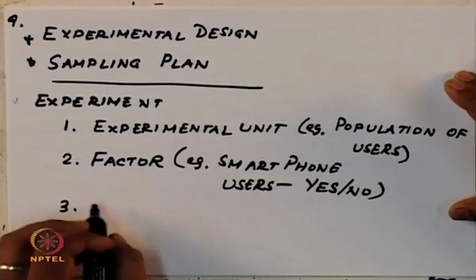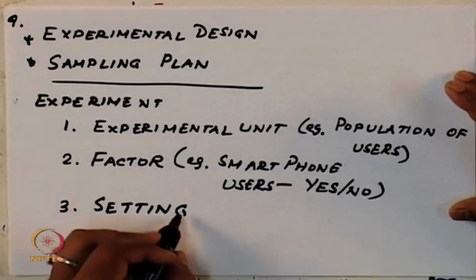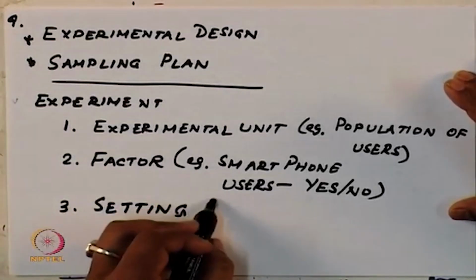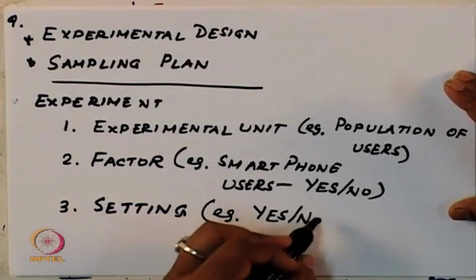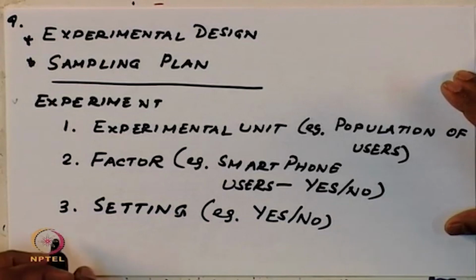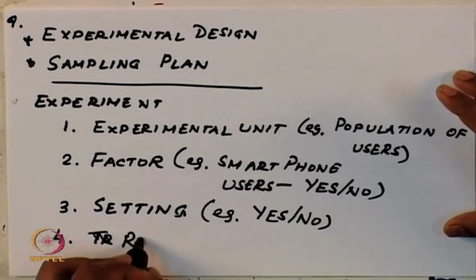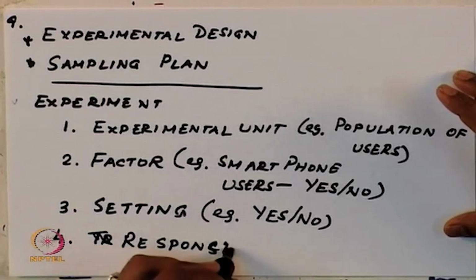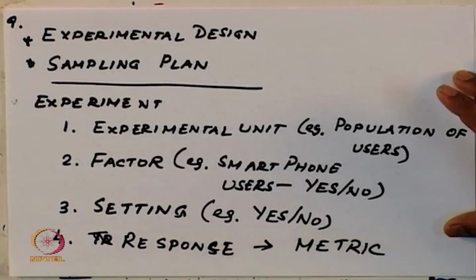You will have a setting. Setting is a value or the intensity scale of the factor. In this particular example, my setting is simply yes or no. Okay. And you have the response. This is basically whatever metric you calculate from the statistics.